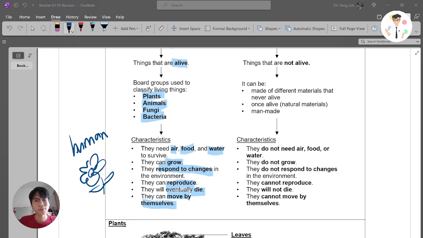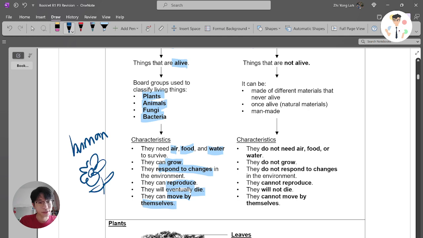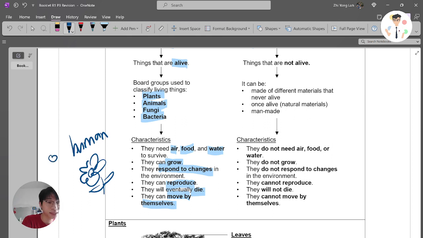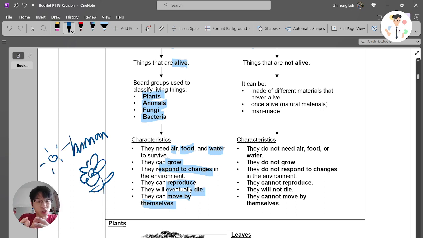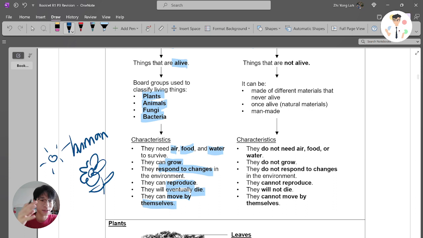And can plants move by themselves? The answer is yes. But the plant, for example this flower, seems like it can't move by themselves. You need to understand the example. If there's sunlight here, then the plants will move towards the sunlight.